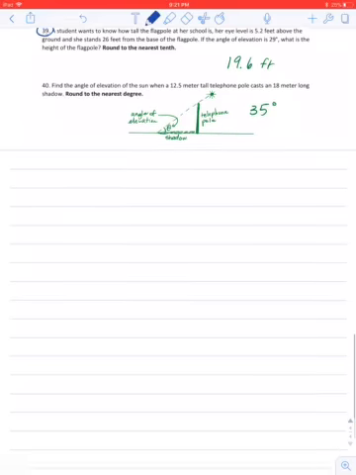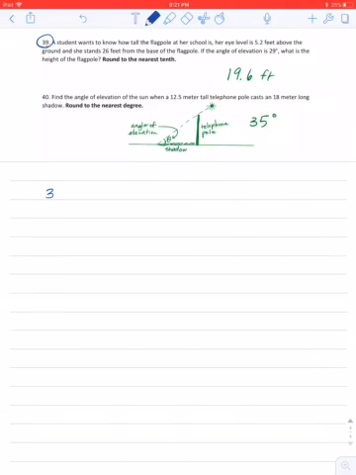Okay, and I'm going to go down here so I have room. So 39: a student wants to know how tall the flagpole is at her school. So here's my flagpole, here's the ground, and here is the student.